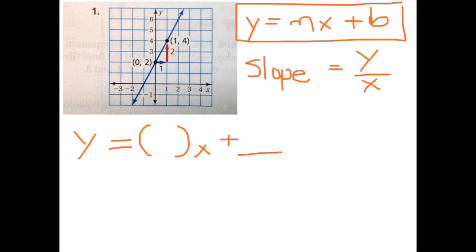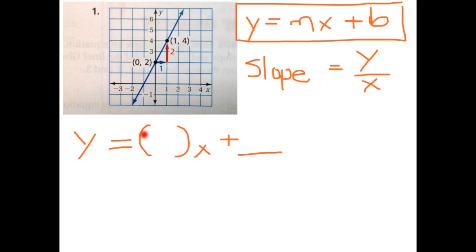Here's our first example in the book, and we're going to take a look at this coordinate plane and figure out how we can write an equation for this line here. Note that you need to figure out what the slope is, remembering that it is the difference in y over the difference in x. We can see this information right here, noting that this is our y value and this is our x value, and we can write what the slope is.